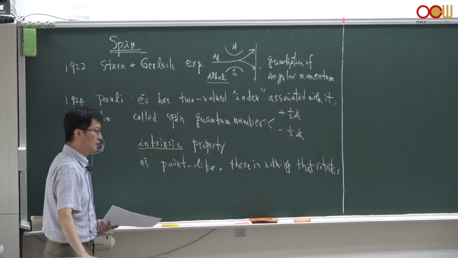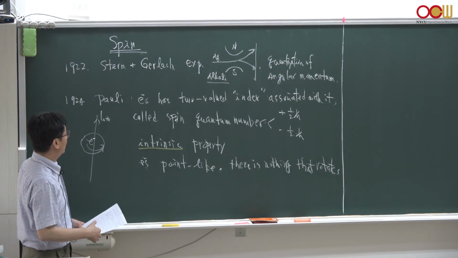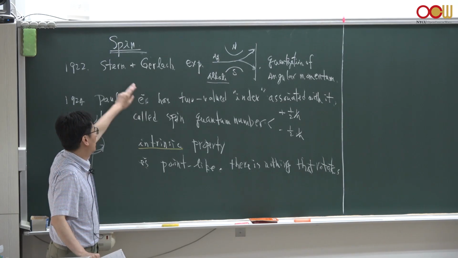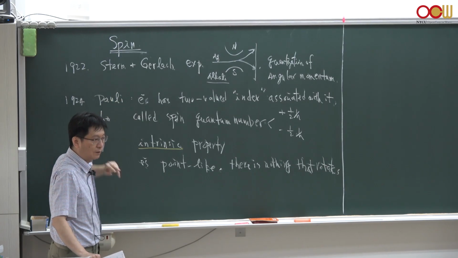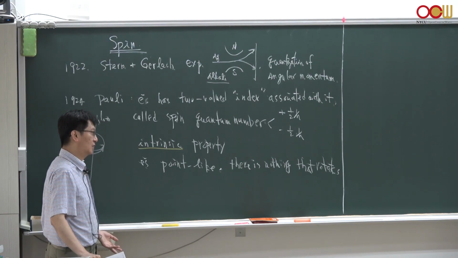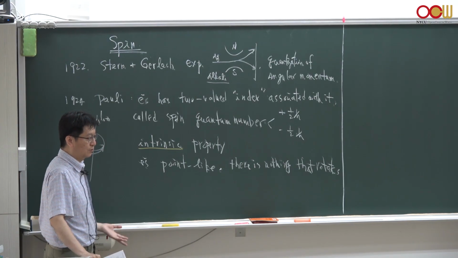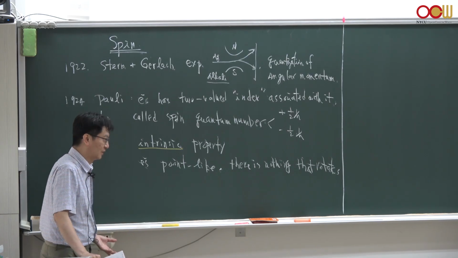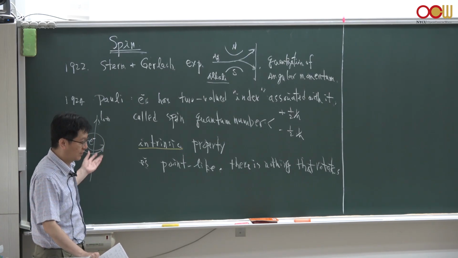It is an intrinsic property of electrons, and the reason why Pauli made such a proposal is precisely because of the Stern-Gerlach experiments. We don't know why electrons carry spin, just like we don't know the origin of the gravitational force. The origin of gravity is really a mystery. The only thing we know is that we have gravity, and this is the same thing.